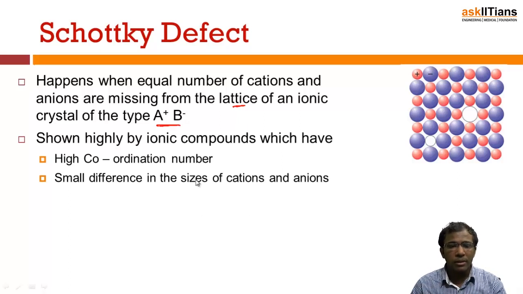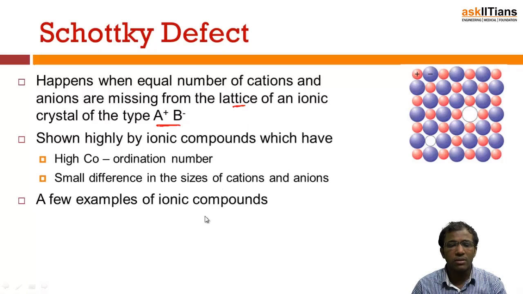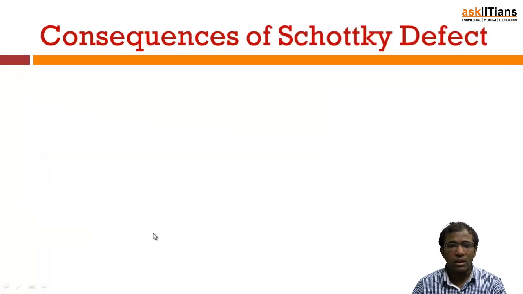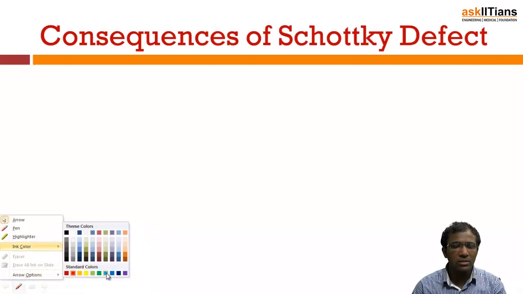A few examples of ionic compounds which show this kind of defect are sodium chloride, potassium bromide, and cesium chloride. So this is about Schottky defect, and let's see what the consequences of this defect are, and what changes it brings into the crystal.